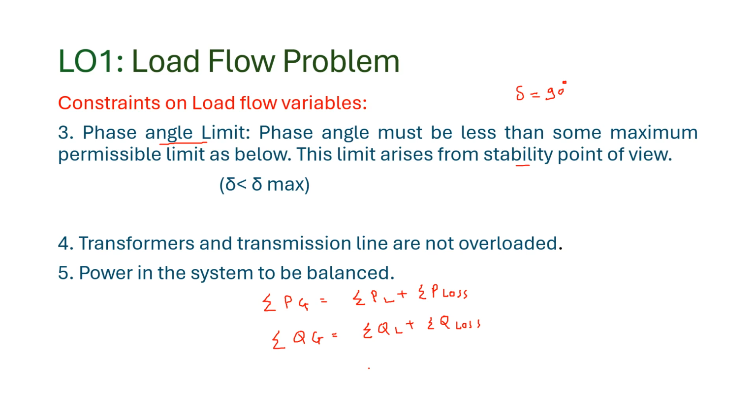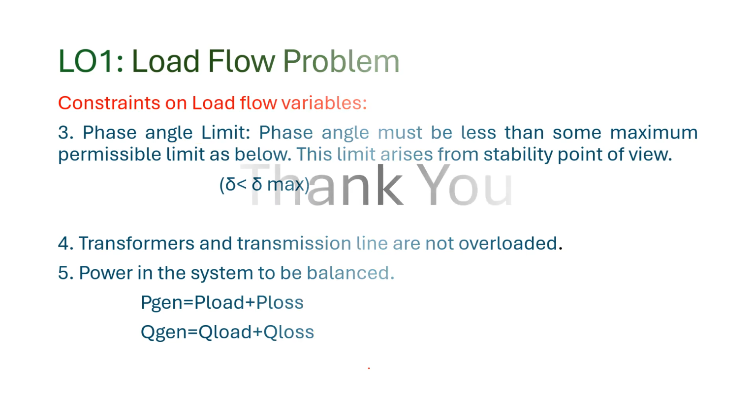We cannot choose the values of these variables P, Q, V, and delta as we wish, but they have to be in certain limits, in certain sets. So here I have written P gen equal to P load plus P loss, Q gen equal to Q load plus Q loss.